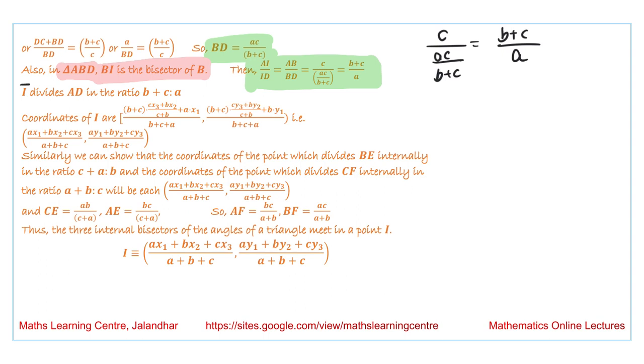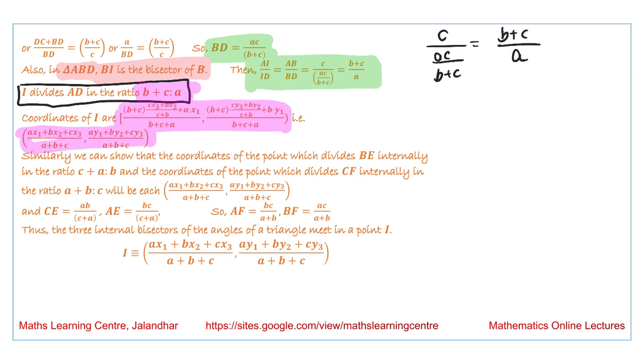Now we are saying that I divides AD in the ratio (b + c) is to a. So by using this result, we can obtain the coordinates of I, because it is dividing AD in the ratio (b + c) is to a. So these are the coordinates of point I.